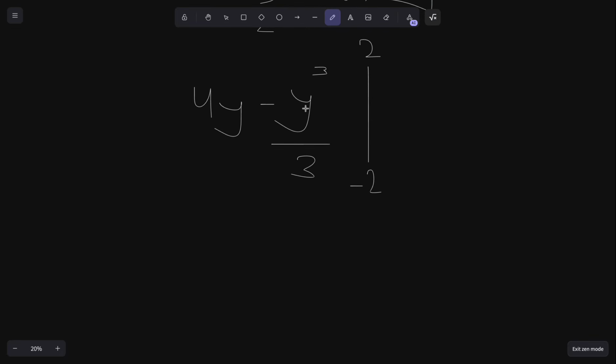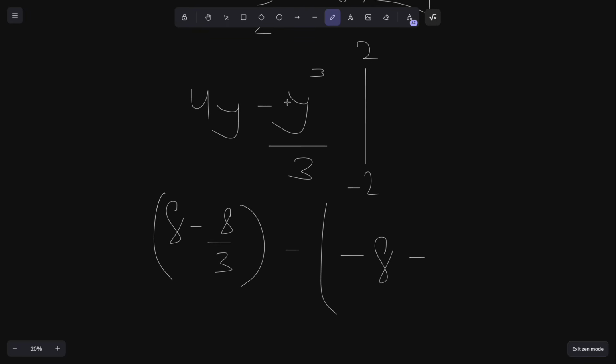Plug in 2 here, you get 8. This is 8 minus 8 over 3. And then you subtract that from, so this is negative 8 minus, that's going to be negative 8 as well. Negative negative makes it positive, so this is 8 over 3.